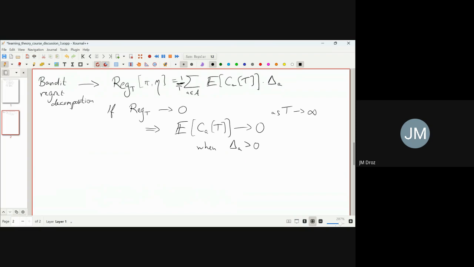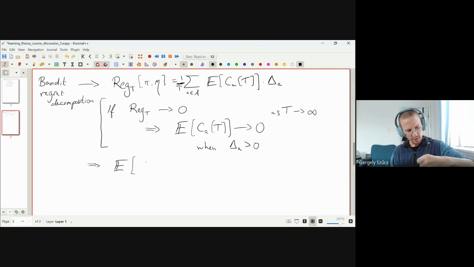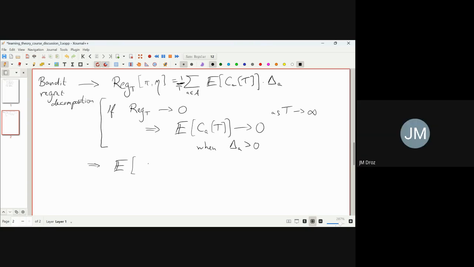Then you can conclude that for all the non-optimal actions, it's going to 0. For the rest, it must go to 1. Well, the density must go to 1, not the number. It should be 1 over t times the expectation, not the expectation.